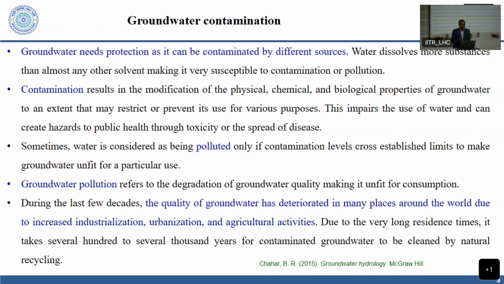Whatever water is available is used for different sectors, and each has proper water quality parameters on which basis you can use it in different areas. If it does not satisfy that criteria, that is groundwater contamination. This impairs the use of the water and can create a hazard to public health through toxicity or spread of disease among people.